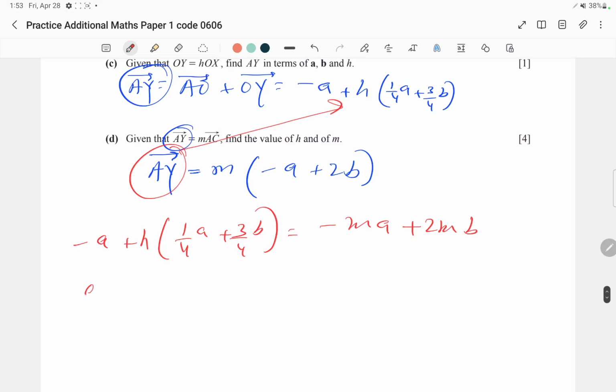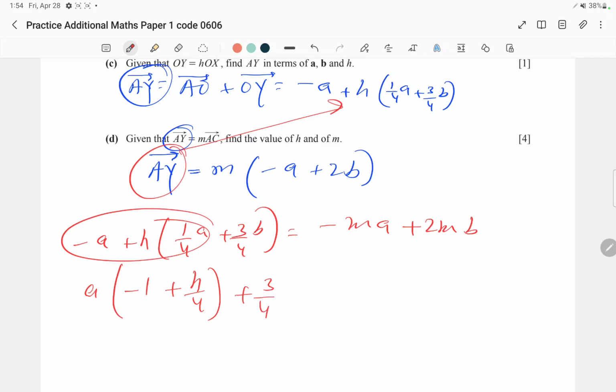Now I will take A common. So if you combine these two, you will get A outside, then minus 1 plus H over 4. Now 3 over 4 HB, right? And here it's minus MA plus 2MB.